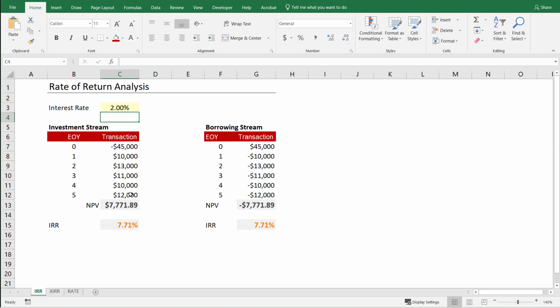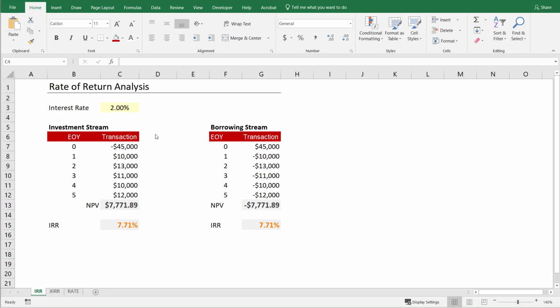The opposite is true here where I have an investment stream, right? Because it says if I were to invest $45,000 at 2%, these cash flows give me a higher return than I could get if I just invested this money at 2%. I could not recreate these cash disbursements investing this money at 2%.